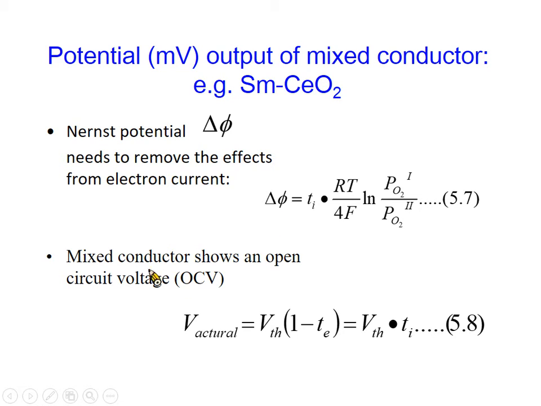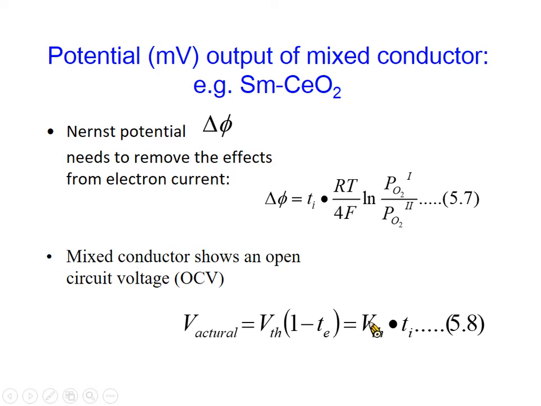However, when we have a mixed conductor, as we just mentioned previously, if the ions cannot contribute totally to the electric current, then the rest of the contribution is coming from the electrons. So we have 1 minus te, where te is the electron contribution that we can measure from our instrument. So 1 minus te means this is the contribution from the pure ionics. Times the theoretical value, we can get the actual output value of this material.